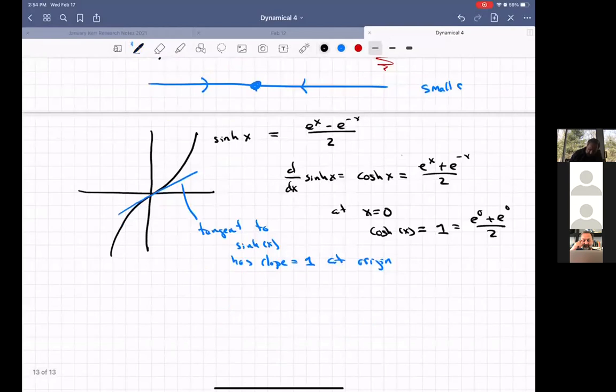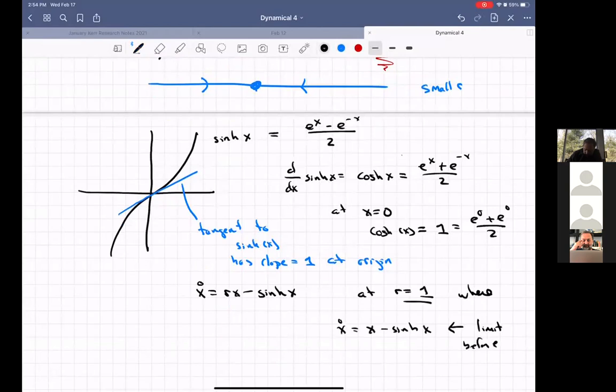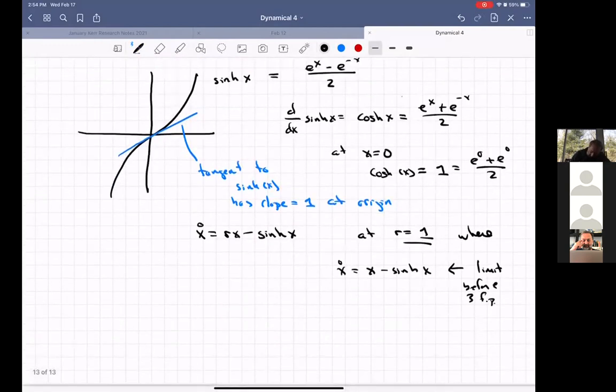So if I go back to x dot is rx minus the sinh of x, r equals 1 is where I have x dot is x minus the sinh of x. And that's the limit before I get 3 fixed points. So if I go and try to draw the bifurcation diagram, I'll get a pitchfork, right?